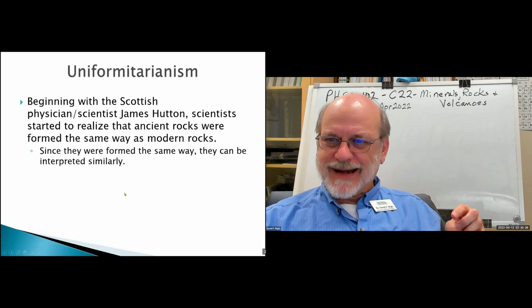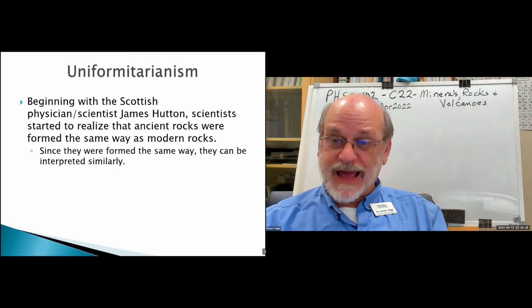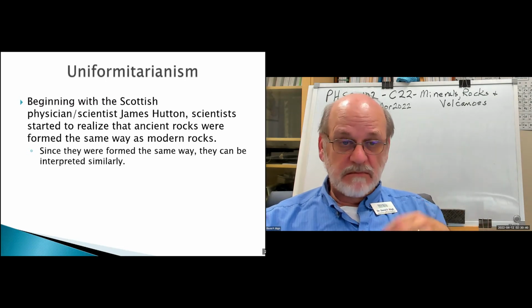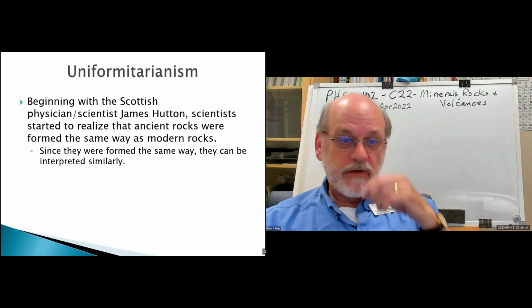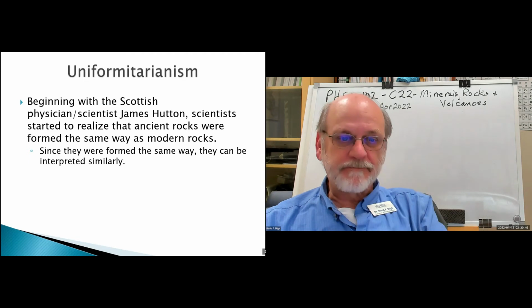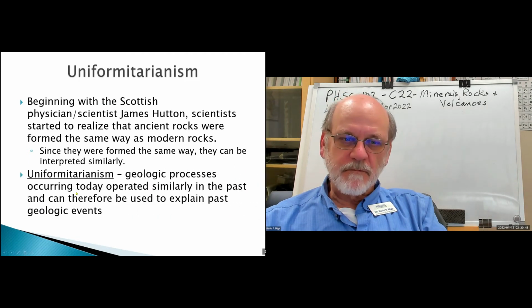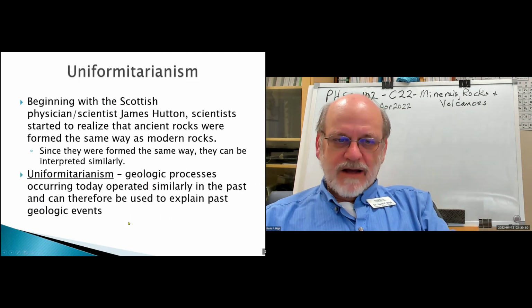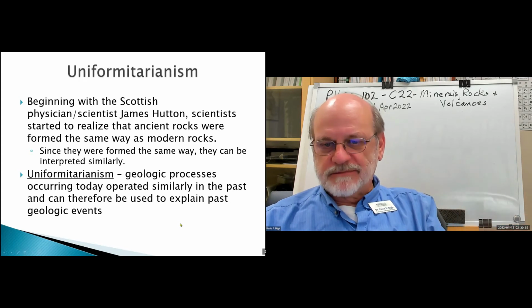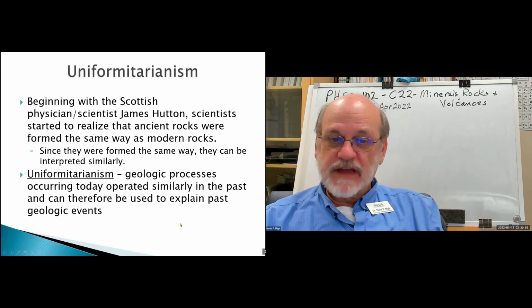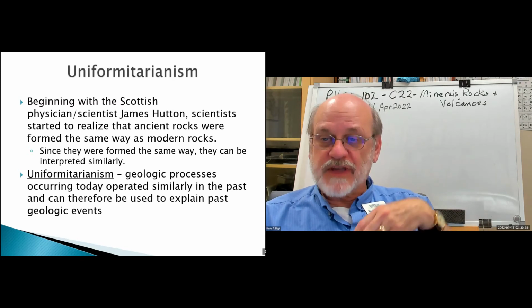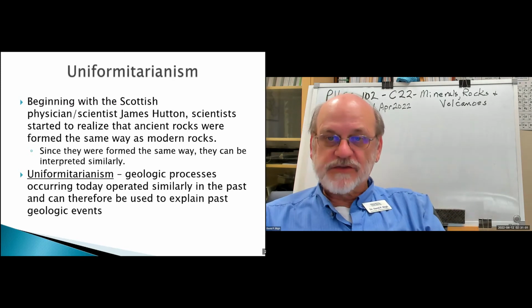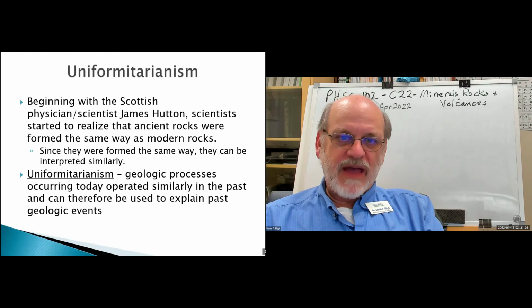So if we could get a handle on how things are happening now, maybe we can deduce what happened in the early history of the Earth. Okay, and there's a formal definition. Geologic processes that occur today also operated in the past and can help us explain certain events that occurred in the past.